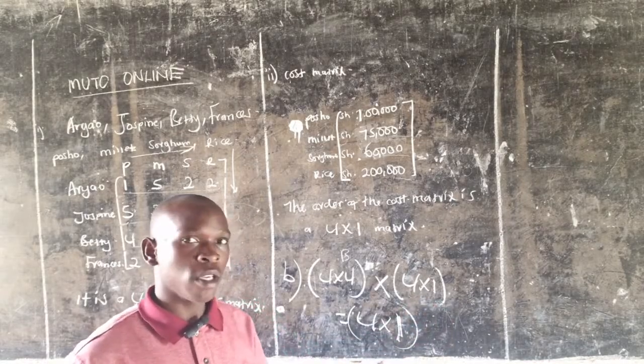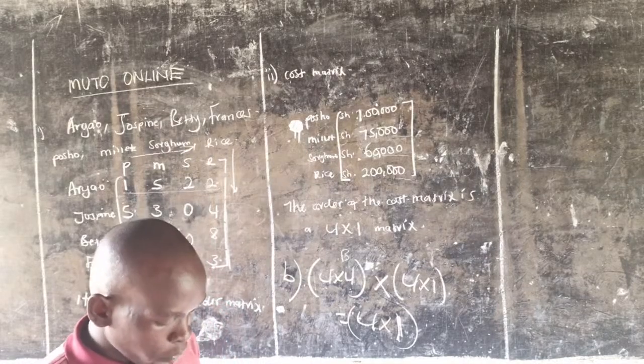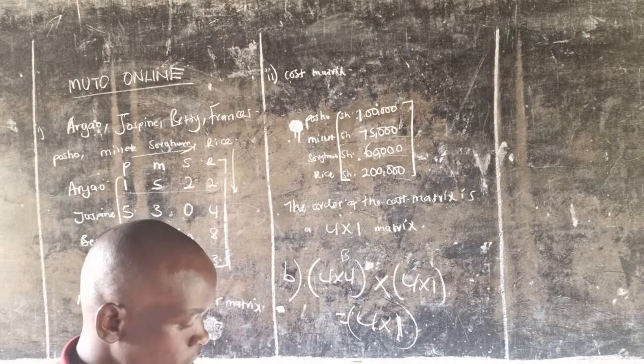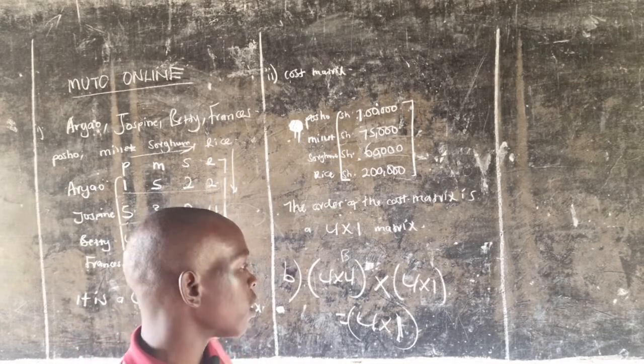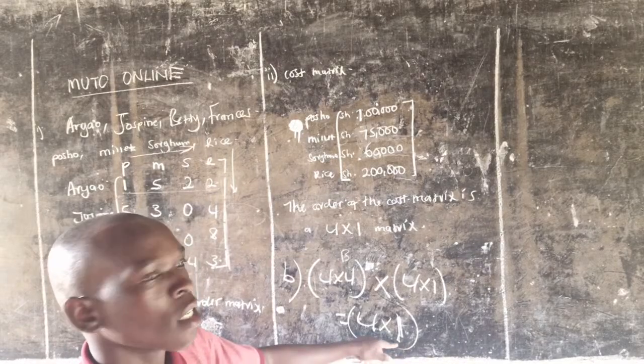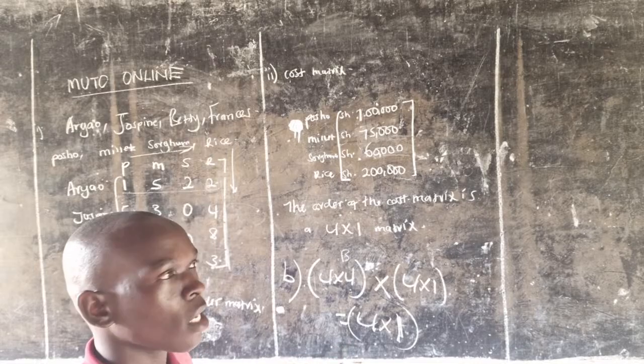So your answer will be a 4 by 1 matrix. Let us see. In part C, using the knowledge of matrix multiplication, help the members to know how much each shall spend on their purchases. So let us see whether this will really come out as our final answer in matrix.